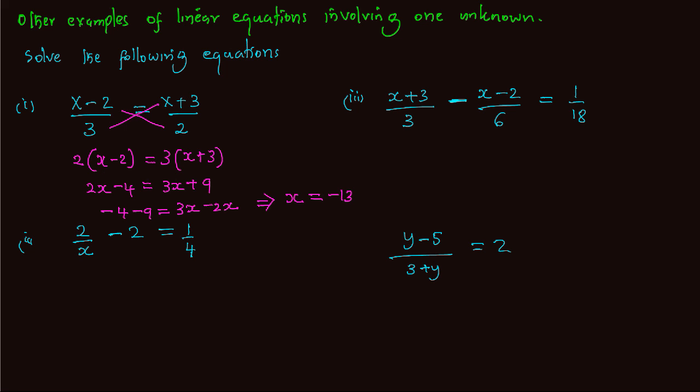In the second example, we have 2 over x is equal to 1 over 4 plus 2. We add 2 on both sides. So we end up with 2 over x is equal to 2 1/4, which is 9 over 4. 2 over x is equal to 9 over 4.